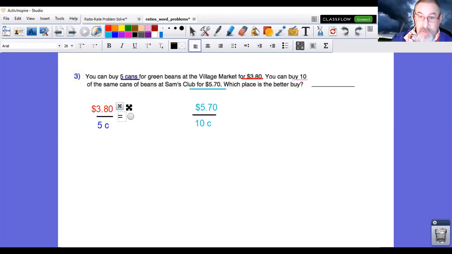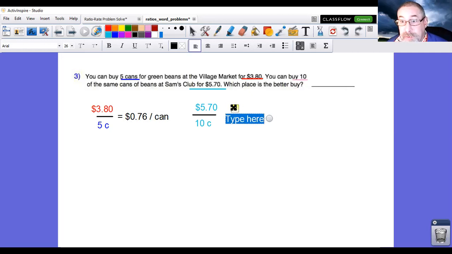All right, this one is going to be 0.76 per can. So that's the village market. And if we divide $5.70 by 10, we end up with 0.57 per can for Sam's Club.